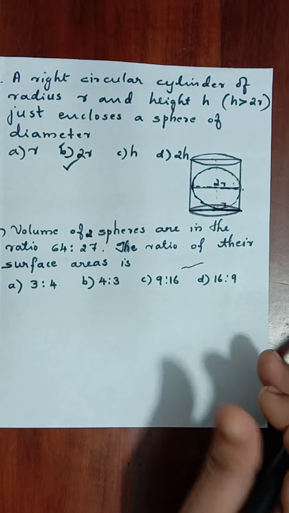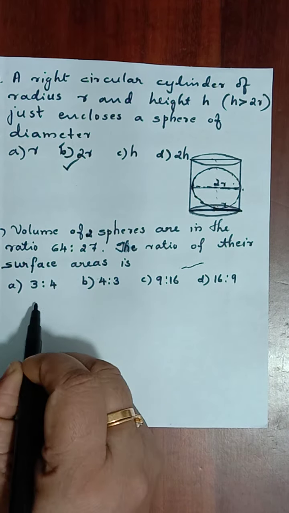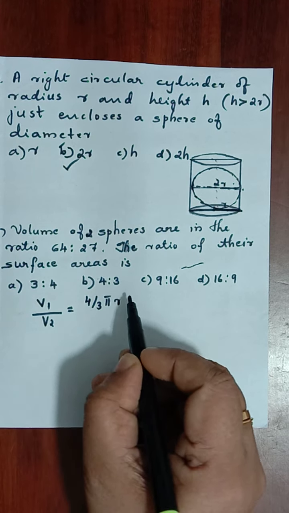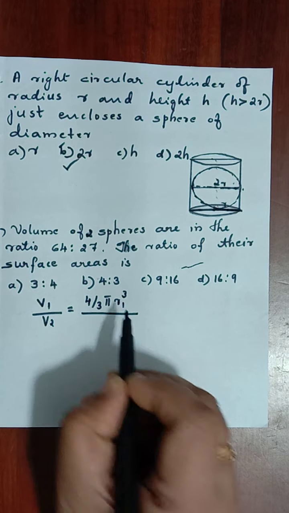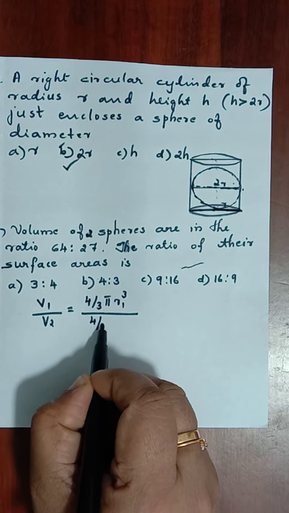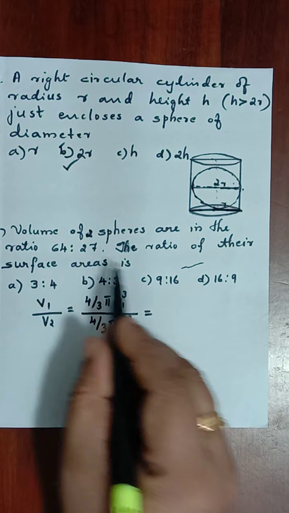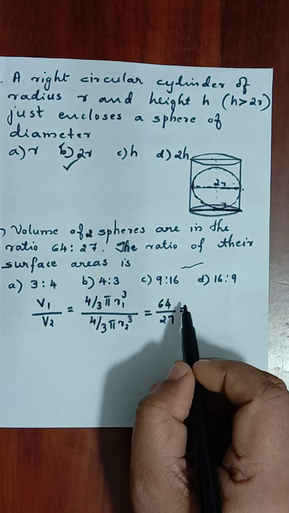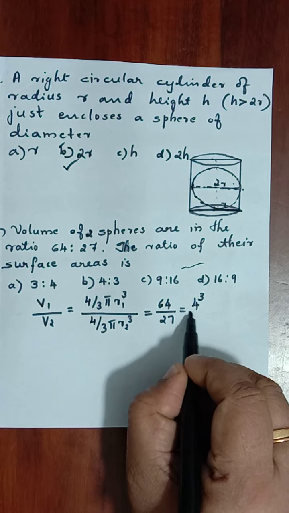Volumes of spheres, let it be V1 by V2, that is 4 by 3 pi r1 cube by 4 by 3 pi r2 cube, equal to 64 by 27. 64 is a cube number, cube of 4, so 4 cube by 3 cube.